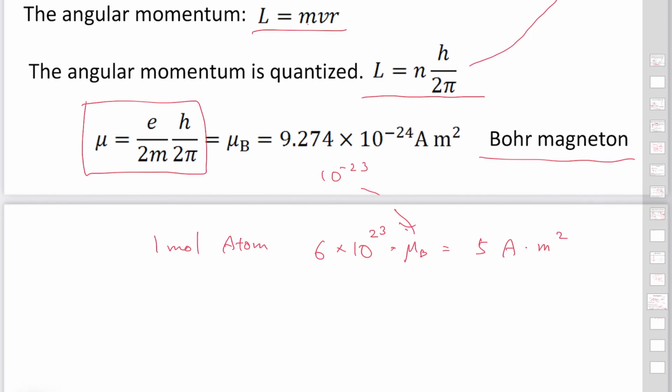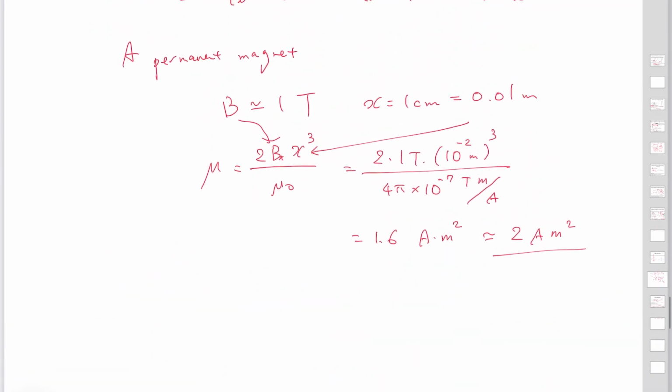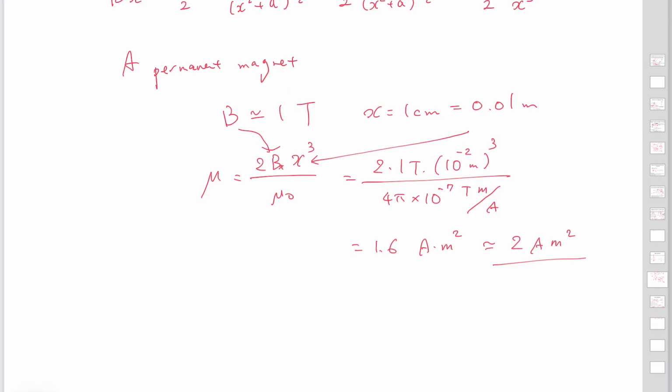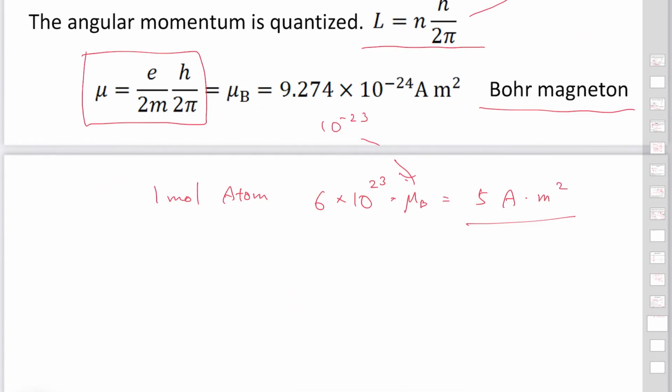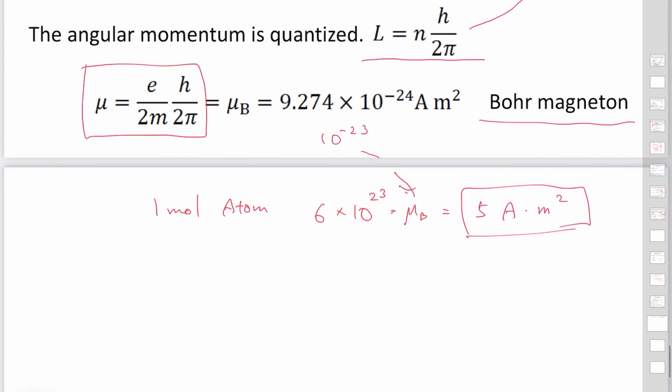So in the last slide, we derived that the permanent magnet has a dipole moment of about 2 ampere square meters. For 1 mole of atoms, 5 ampere square meters, we have a comparable value of the magnetic moment. Okay, this is the end of this session.